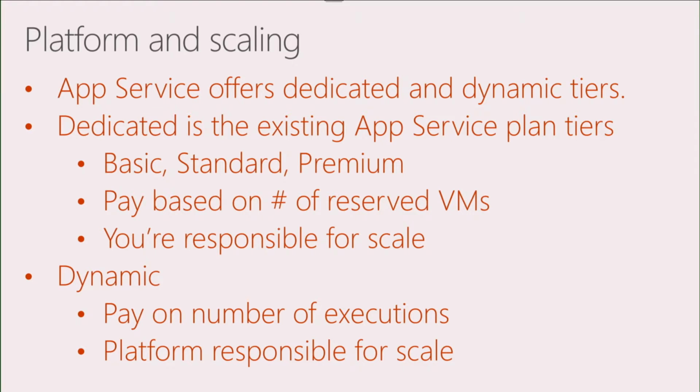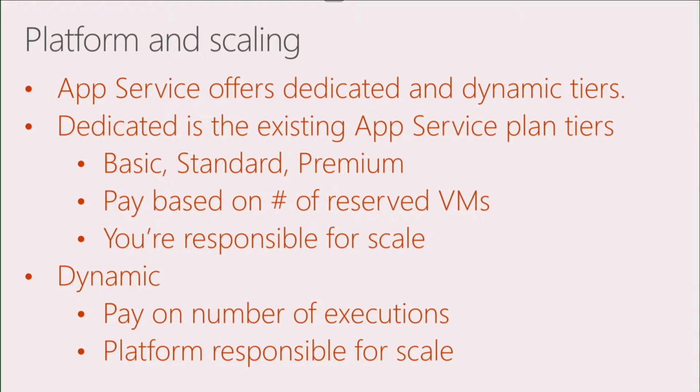Same thing with the compute, actually. We have the ability to run Azure Functions both on this fancy dynamic serverless compute, which generally steals the show. But if you're already using Azure App Service and you already have a web app running and you've got a VM that you're paying for, you can actually run function apps on your existing dedicated App Service plans where you're just paying for the number of VMs and you control the scale.